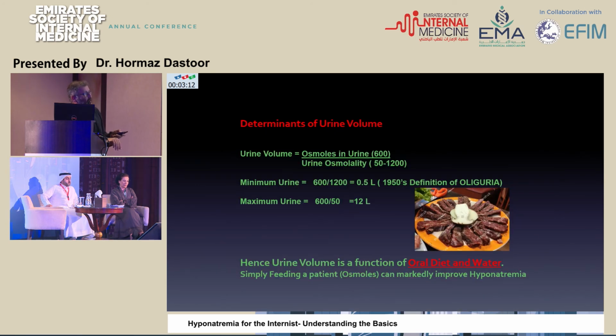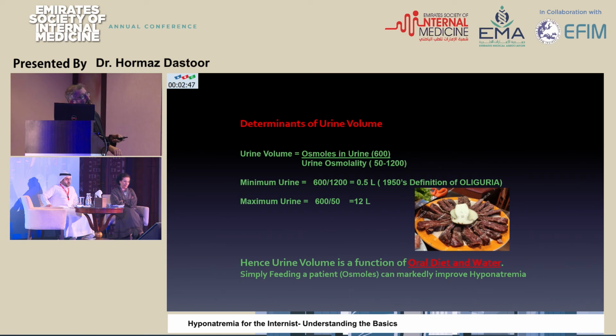Sorry. What is urine volume? How much urine are you supposed to make per day? Urine volume is basically the amount of osmoles in the urine divided by urine osmolarity. If you eat a high protein diet or a normal protein diet, then your osmoles per day is around 600 osmoles, and the maximum urine osmolarity is around 1200.